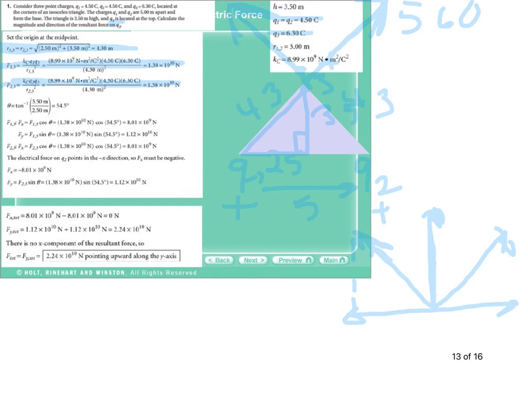If we're going to be breaking this down into components, we're going to need to know the angle. So right here, let's switch colors, let's go to orange now. Right here we find an angle, and that angle is going to correspond to this theta right here.